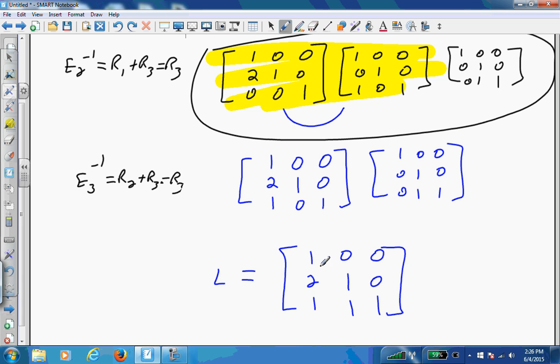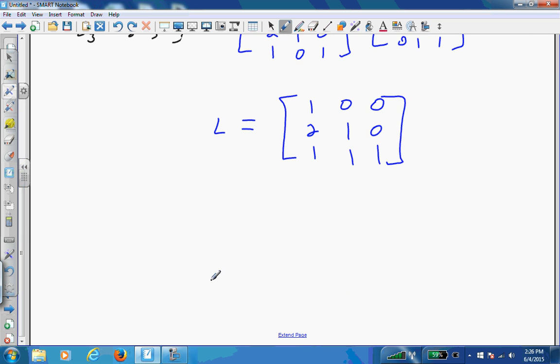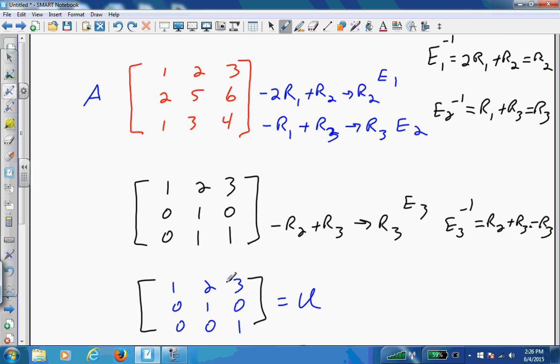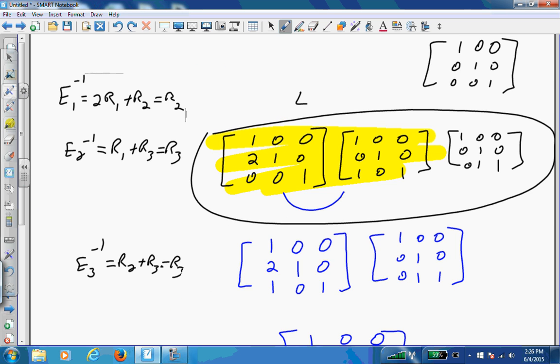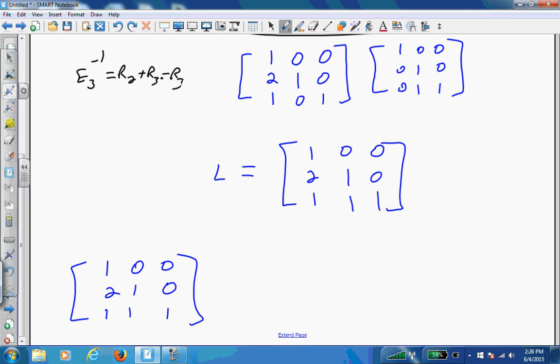So we take that lower times upper, that should be equivalent to A. So let's take lower. What was our upper? Our upper was 1, 2, 3, 0, 1, 0, 0, 0, 1.